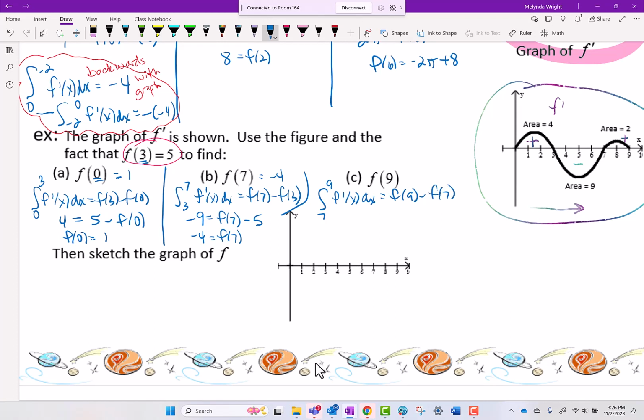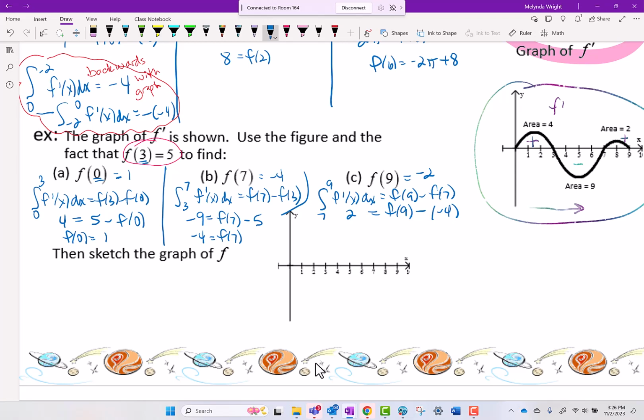As I am going forward, that's positive area, so 2 equals f of 9 minus, what was it? Negative 4. So that's a positive 4, so I subtract, and f of 9 is negative 2, right? Okay, good.